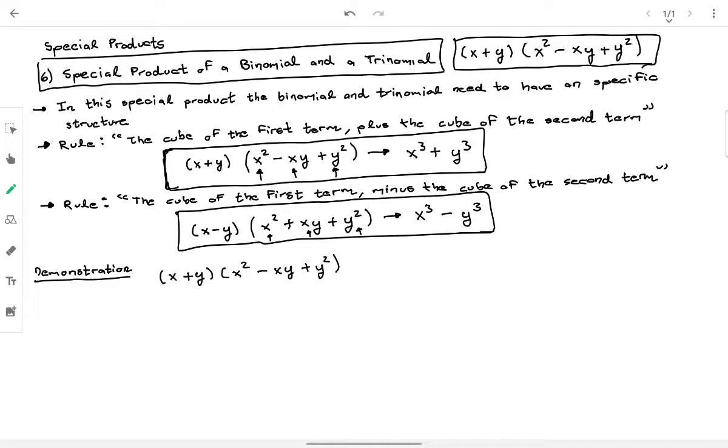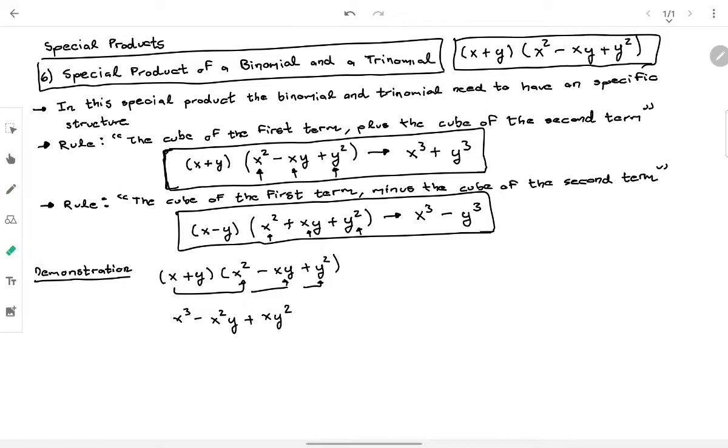I will do it only with the first one because with the second one it's almost the same. So let's see. In this case, we need to multiply the first term by all the terms in the second parenthesis. So we will get x cubed minus x squared y plus xy squared.